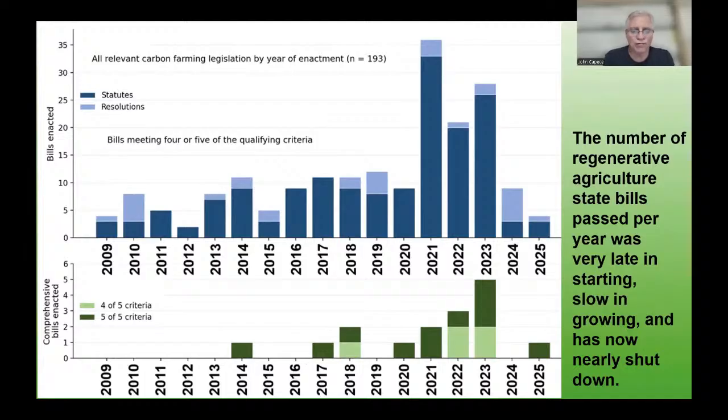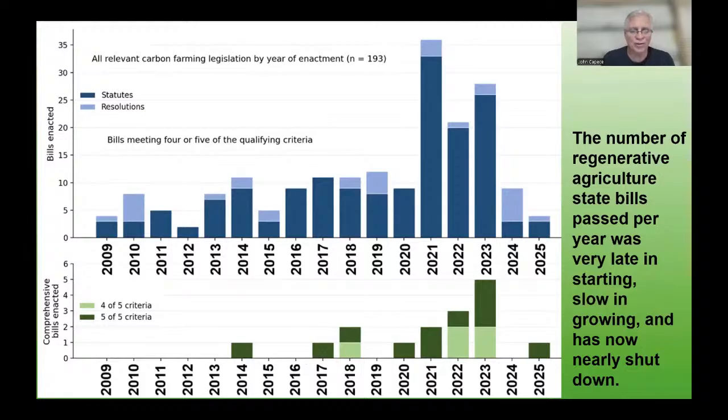The bottom chart filters for quality by tracking only the comprehensive bills that met 4 or 5 of our ideal policy criteria. The view is incredibly bleak. In most years, the number of high quality bills passed across the entire United States was 0.